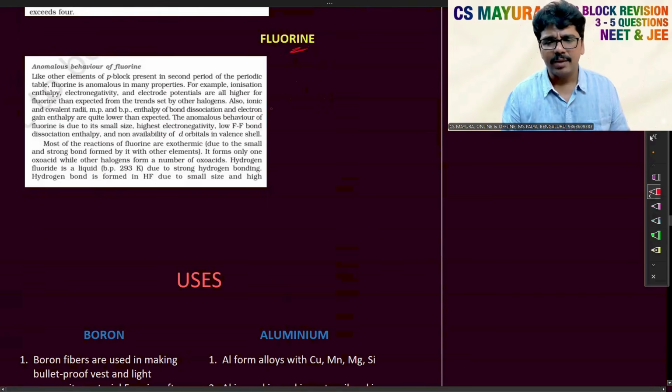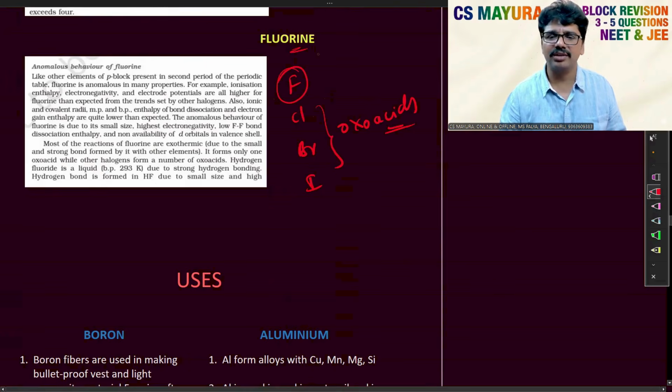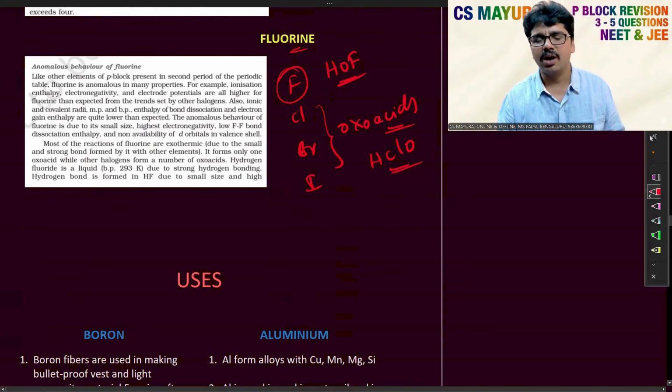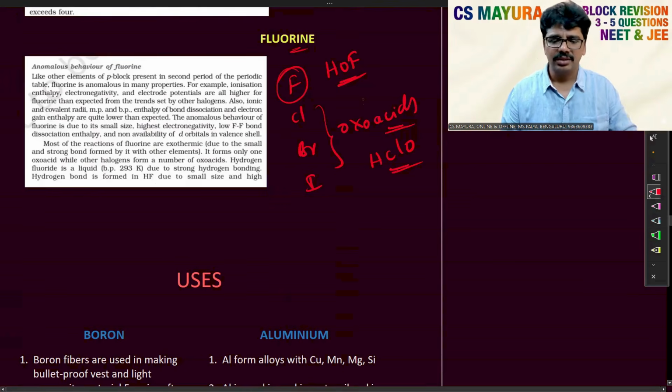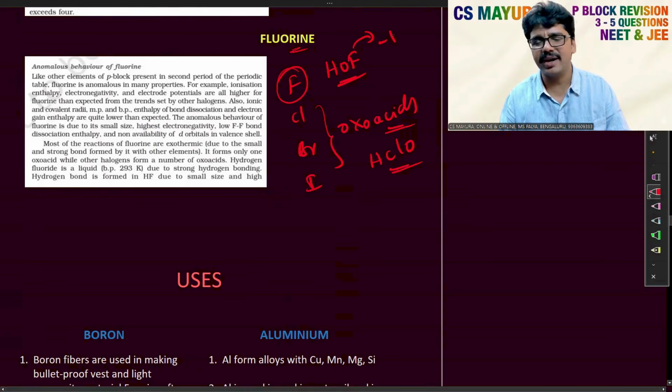Now among all halogens, fluorine, chlorine, bromine, iodine, these form oxoacids. But fluorine cannot form oxoacid. But one exceptional oxoacid they observed, that is HOF. Like HClO, hypochlorous acid, here one oxoacid was observed. In JD it was clearly mentioned that fluorine oxidation state is -1.